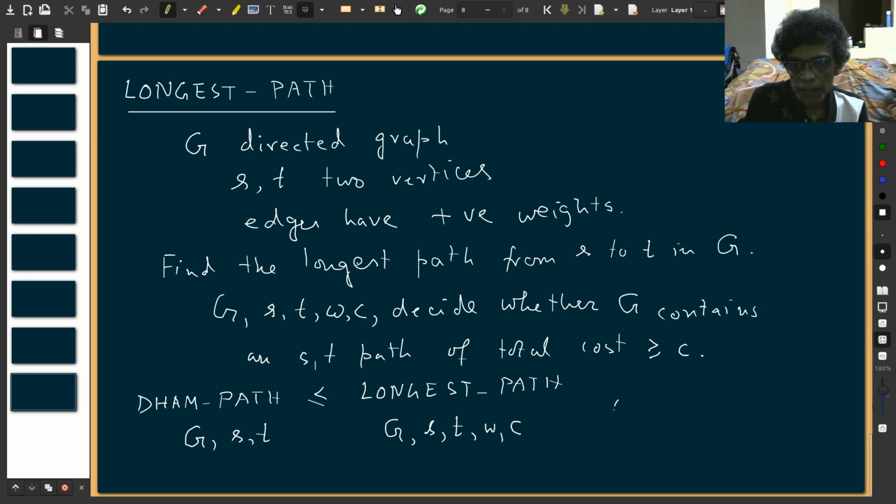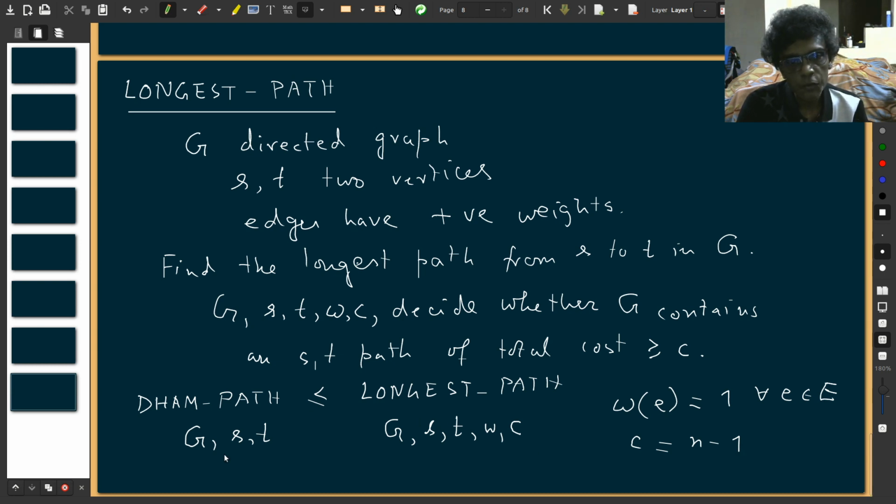Now you define W of E equal to 1 for all E in E, and take the cost to be n minus 1. The longest path from S to T is of cost n minus 1 or more, actually equal to n minus 1, if and only if it is a Hamiltonian path from S to T. Okay, that is clear.